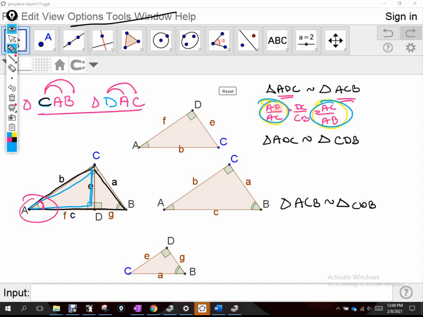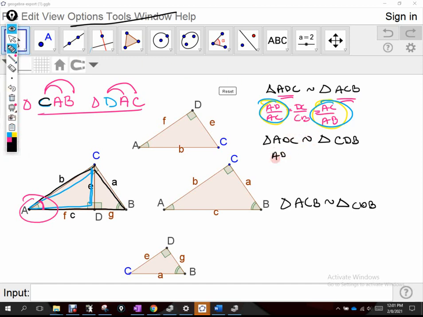So if I go look at AD, it doesn't repeat in any of these ratios again. If I look at DC, it doesn't repeat in any of these ratios again. Okay, CB doesn't repeat in any of these ratios again. Okay, but in each one of these similarity statements, we find out that there is repetition with one segment.